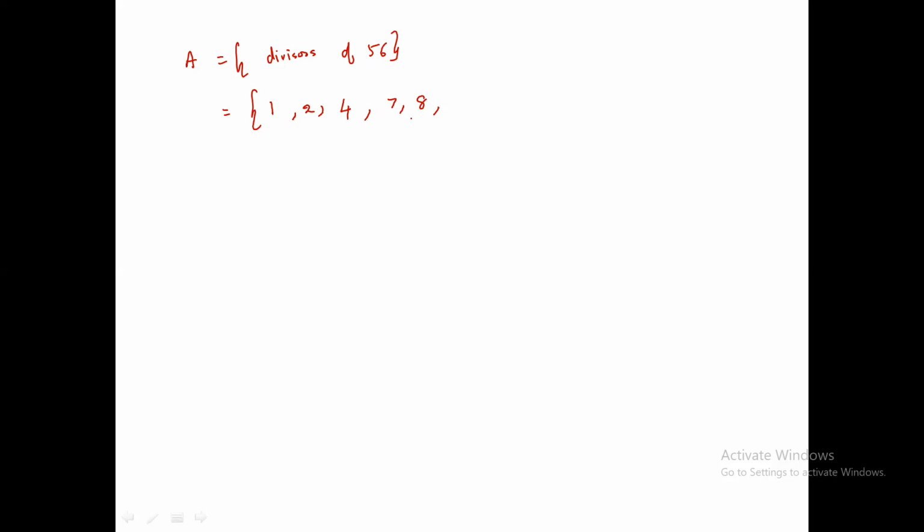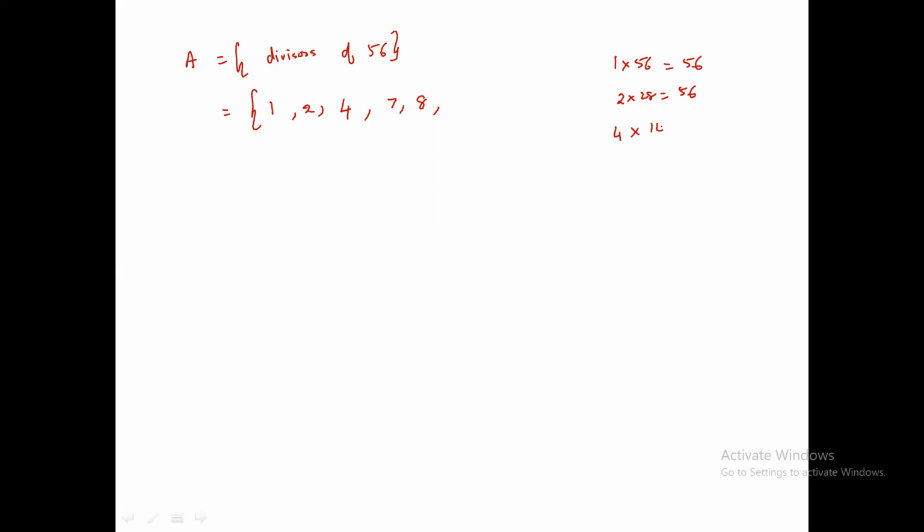What about 9? 9 doesn't divide. Why are we taking all these? 1 times 56 is 56. 2 times 28 is 56. With 3 it won't come.